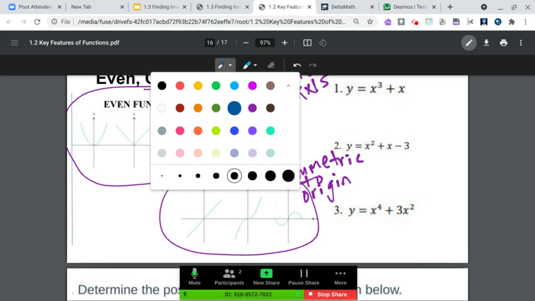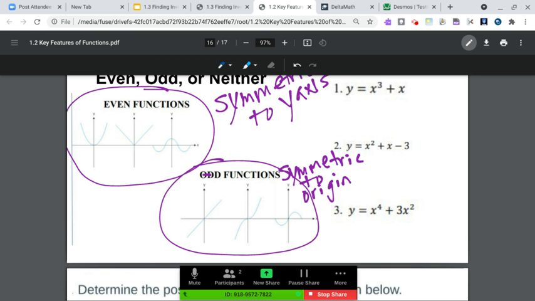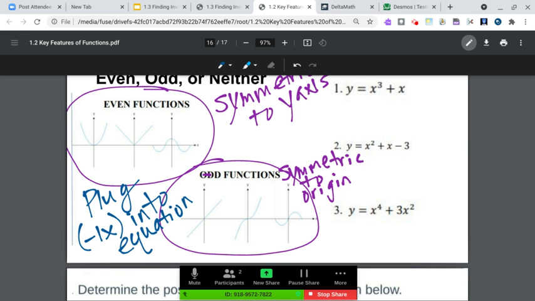This is a surefire way if the visual or spatial recognition is a little tough for you. Plug negative x into the equation, and if it comes back exactly the same as the original, it's even. If it comes back exactly opposite, it's odd.